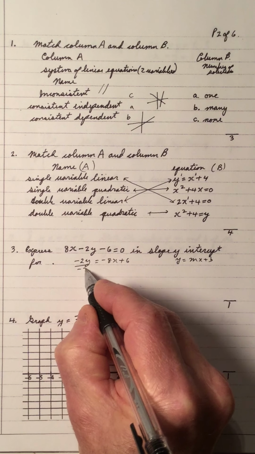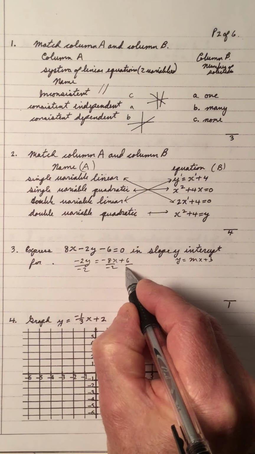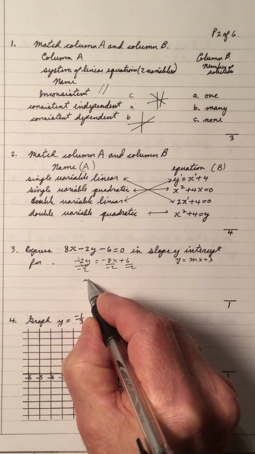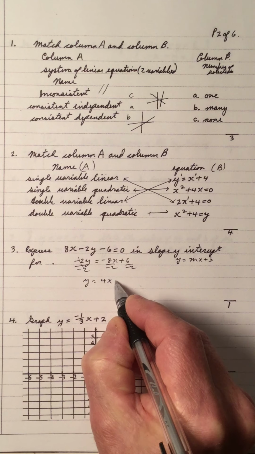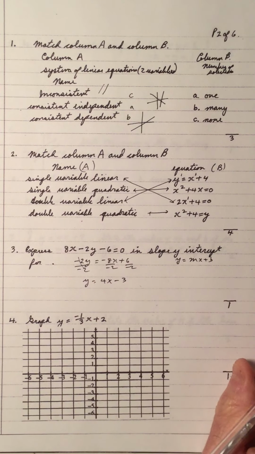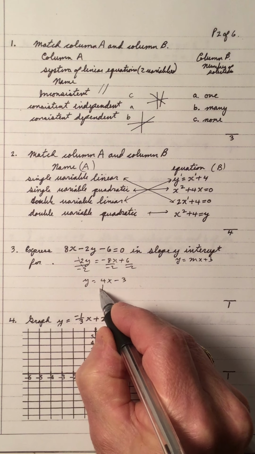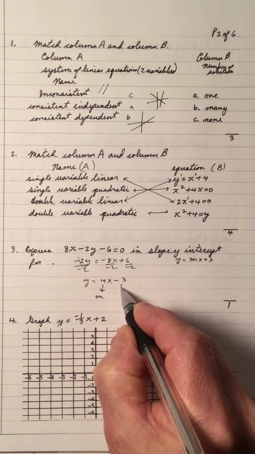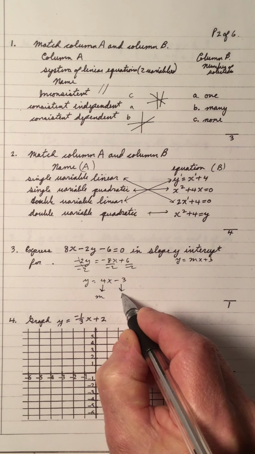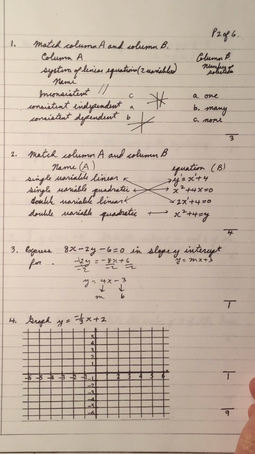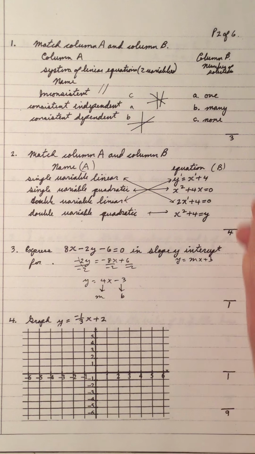We divide by negative 2 in each term. It cancels out to give me y equals 4x minus 3. So that's the equation in slope y-intercept form, where 4 is the slope and negative 3 is the y-intercept if you had the graph. Number 4, I forgot, if you got 3 of these right, give yourself 3 marks.